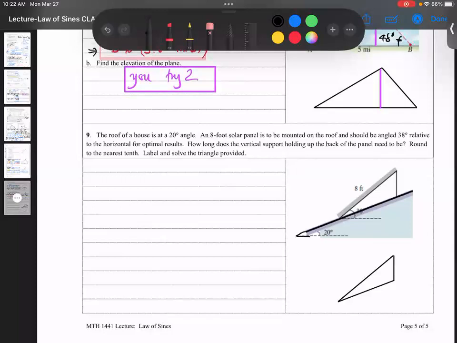How long does the vertical support holding, which is this part right here in blue, up the back of the panel need to be? Round to the nearest 10. Label and solve the triangle provided. All right, so I'm going to solve for this H, the back of the panel.